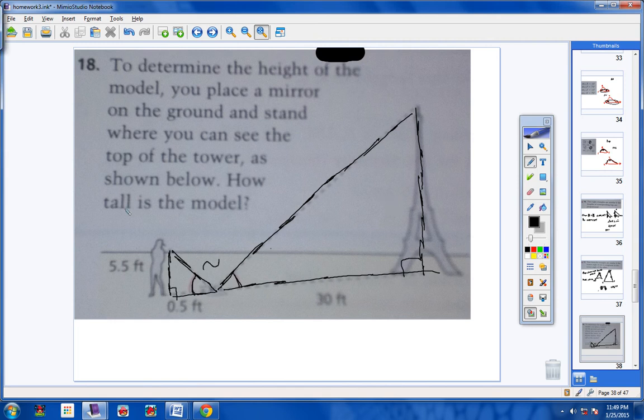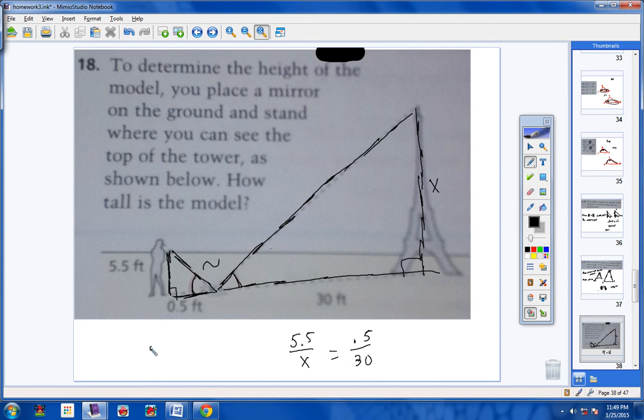So they want you to find how tall the model is, we'll call this x. So I can say 5.5, which is the height of this, over x equals 0.5, the length of this, over 30. Now let's cross multiply.